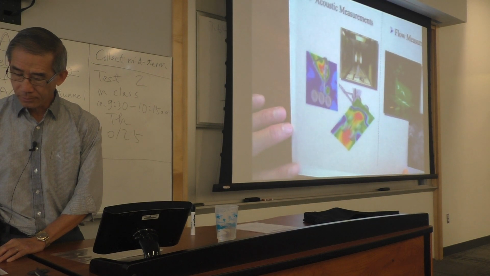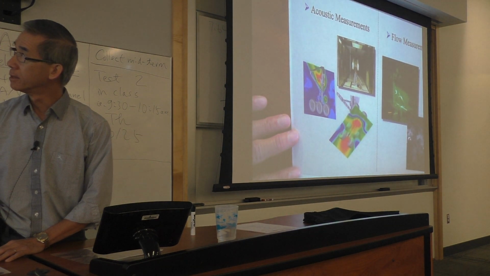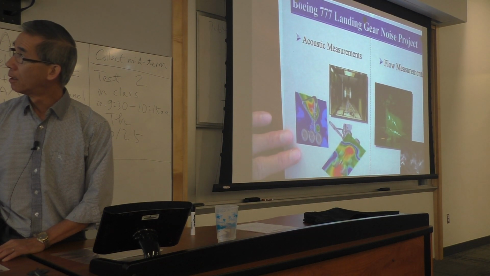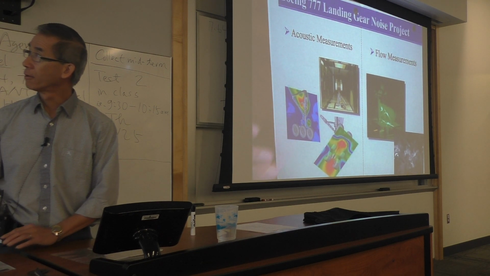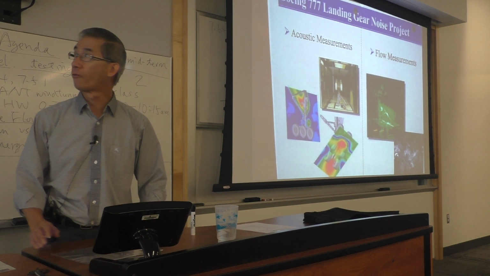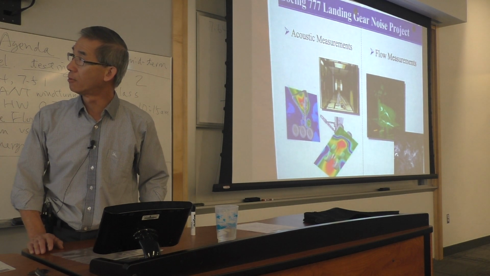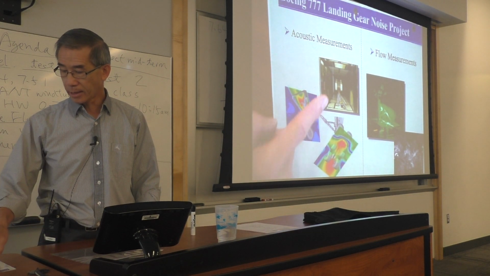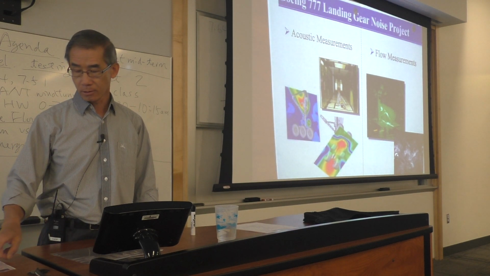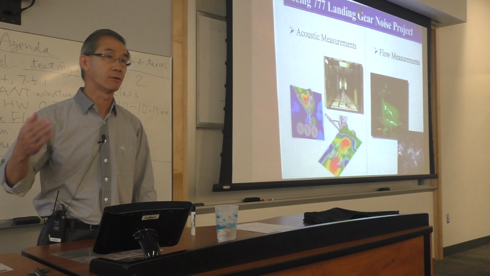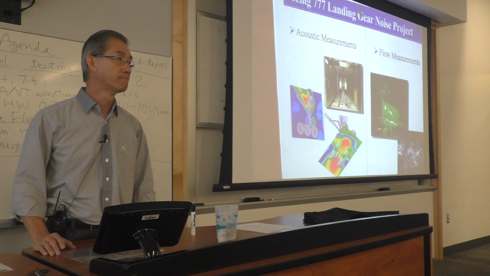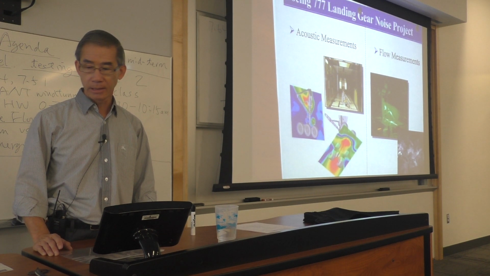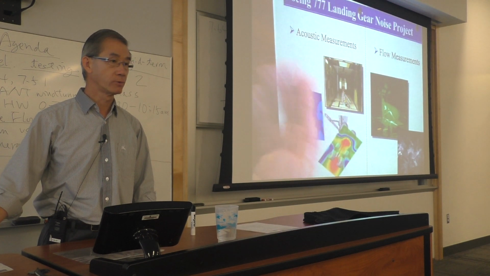Here's an example of the work we did several years ago on studying the aerodynamics and the noise of the landing gear in a quarter, 25% scale model. So this is the landing gear mounted upside down on the tunnel floor with all the details. Remember I said you want a model to look exactly like your prototype in every piece of detail, even cables and everything. So we did it.